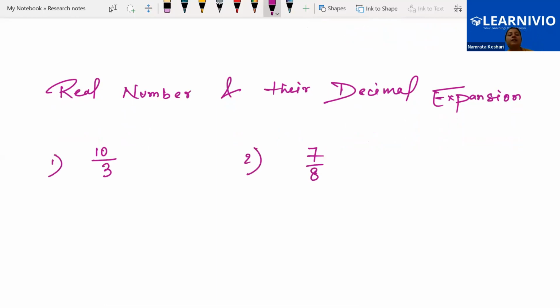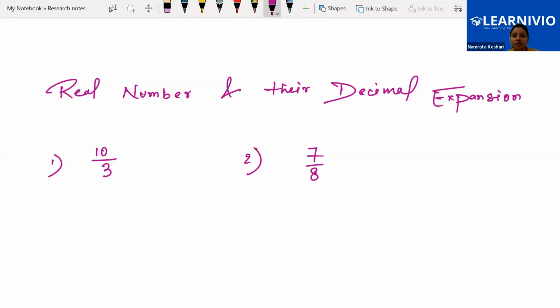To find the decimal expansion of these fractional numbers, we can apply the basic long division method and see what pattern we get, whether it is a terminating decimal, or non-terminating, recurring or not recurring.